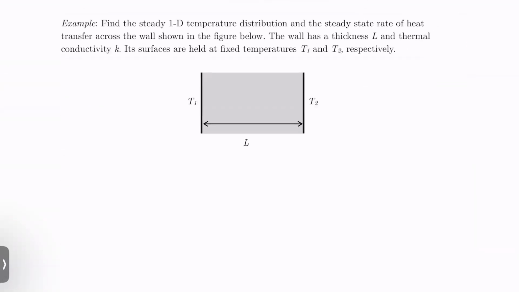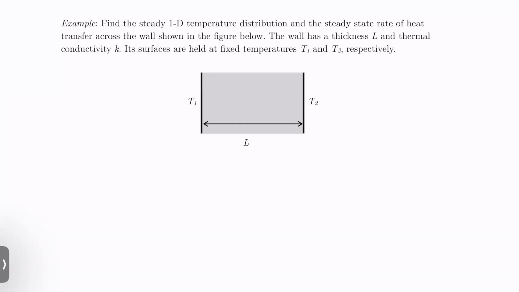Okay. All right, so we have this material and we want to find the steady 1D temperature distribution and the steady state rate of heat transfer across this wall. The wall has a thickness L and a thermal conductivity k, and its surfaces are held at fixed temperatures T1 and T2 respectively.